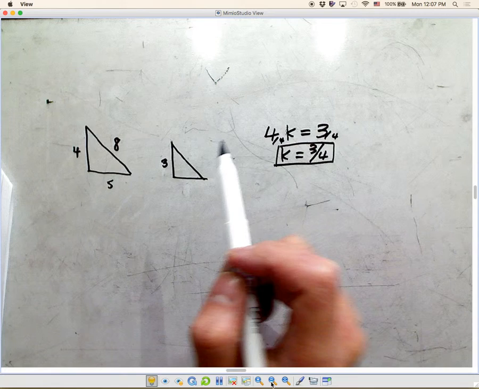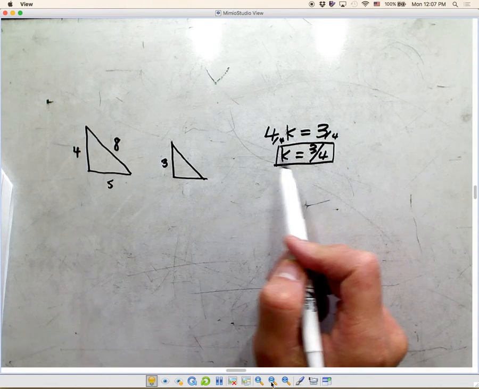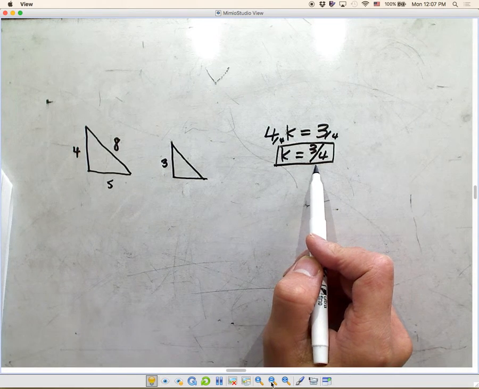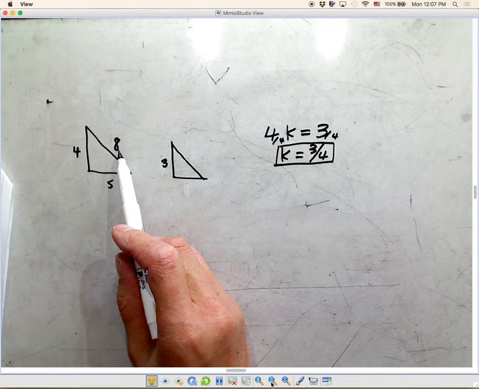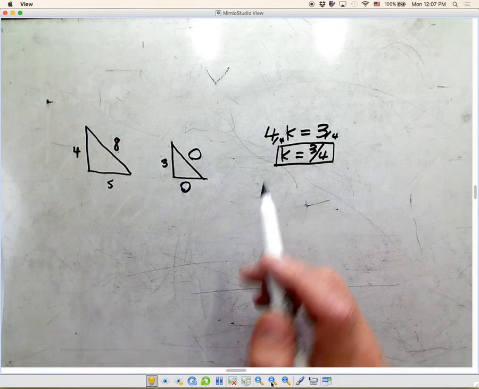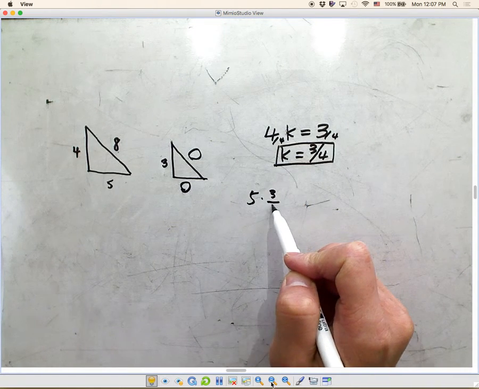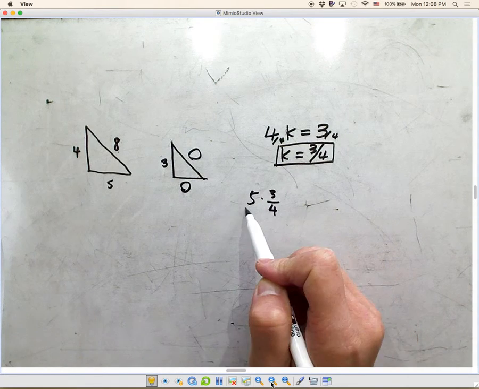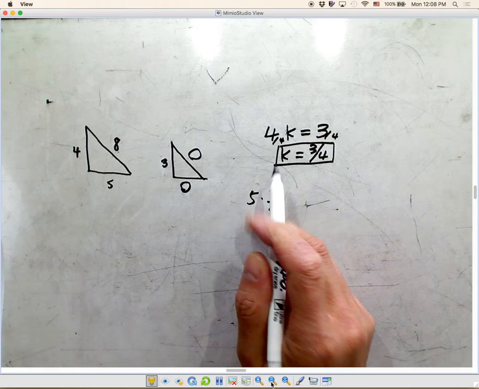So if you put 3 here, the scale factor is 3/4. You're going to multiply 5 by 3/4 and multiply 8 by 3/4 to find these answers. So you should have 5 times 3/4. We can multiply integers and fractions, so you're going to have to change this 5 into a fraction.